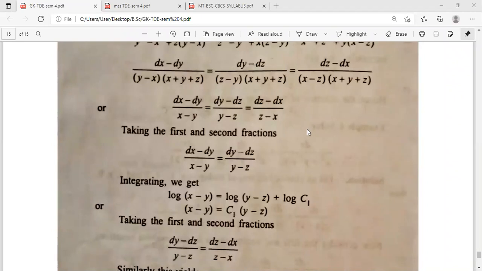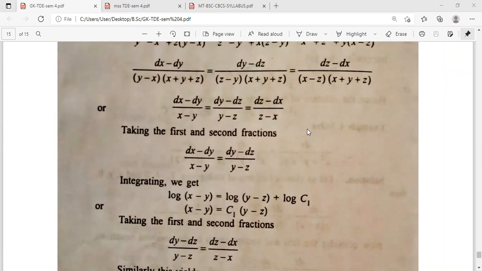After finding f of z, how do you proceed? You have to differentiate totally with respect to x, y and z, and compare with the given equation so that you get an equation involving f of z and z. After getting that equation, you have to solve it by the linear method or the variable separable method, whichever is suitable.